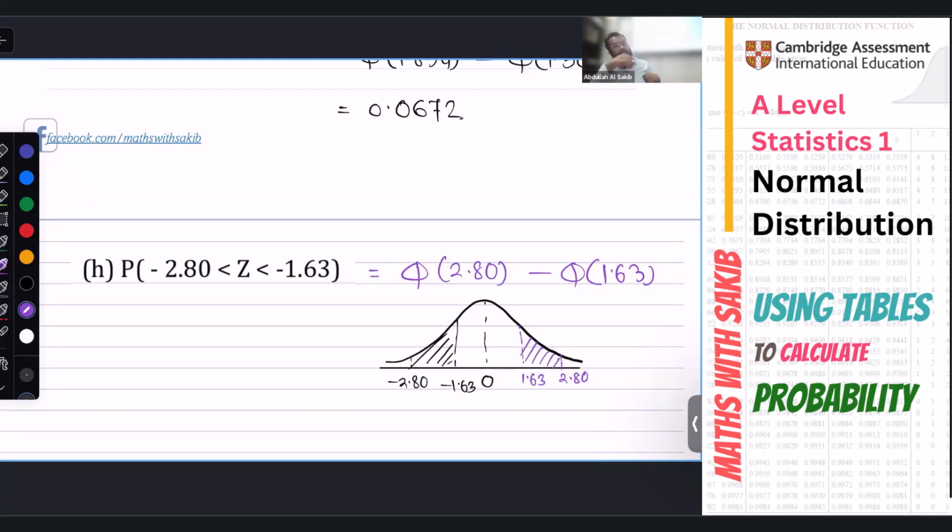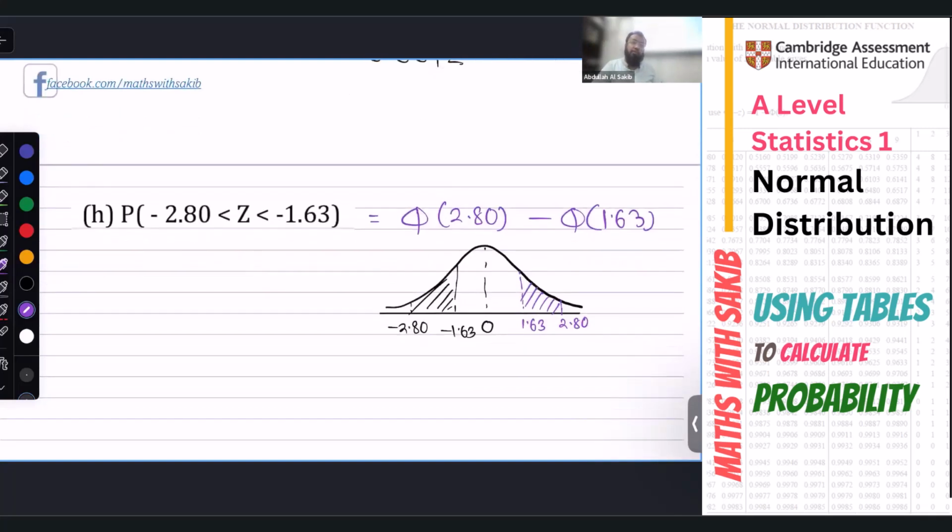Do you have any problem understanding this part? So first find the area up to 2.80, then subtract the area up to 1.63. So what's the answer? 0.049 in three decimal places.